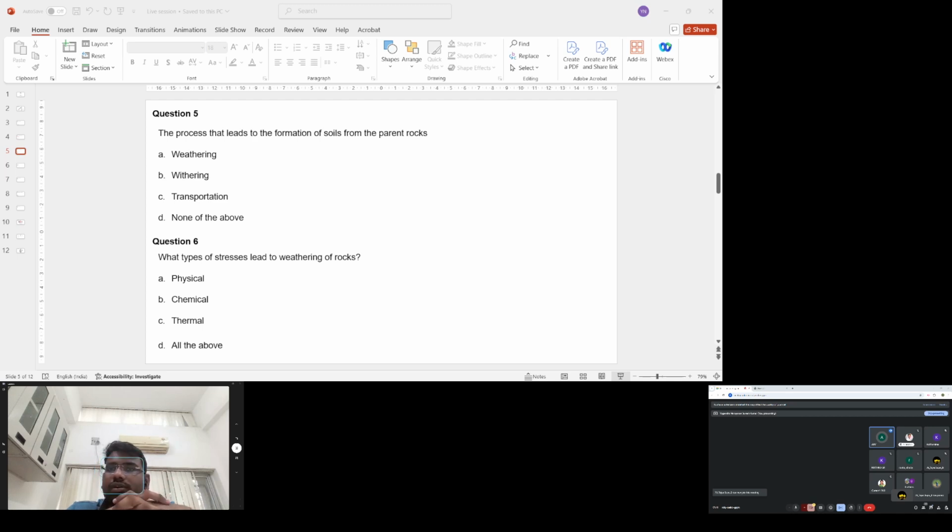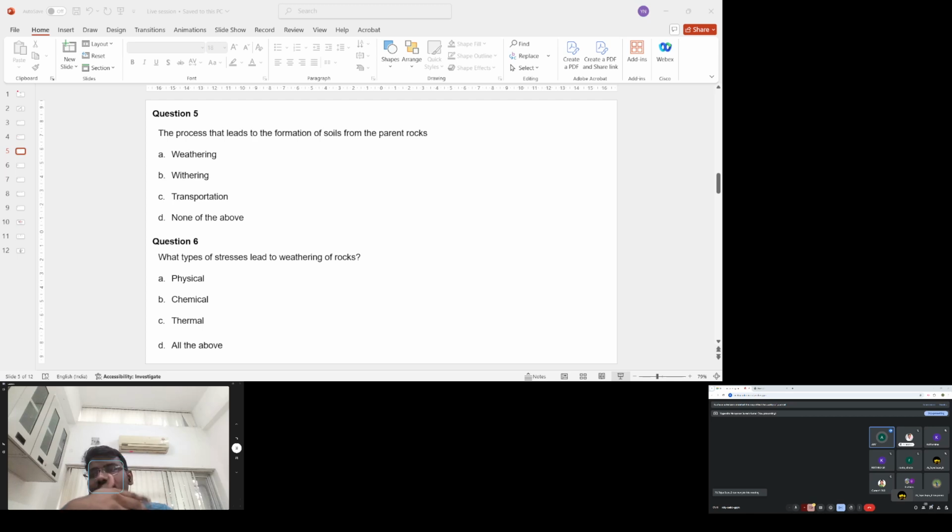Option A, weathering. It is a fairly straightforward question. Weathering is the process by which soils are formed from parent rocks.